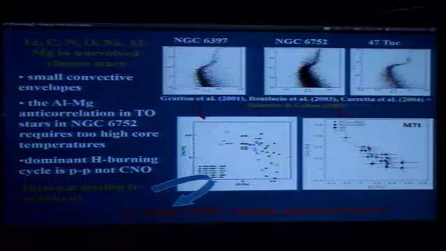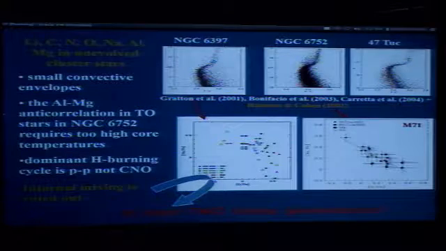Since there was some suspicion that some mixing effect may affect this result, the idea was to look for this sodium-oxygen anticorrelation on the main sequence, where mixing cannot be effective. As soon as UVES, the spectrograph of the VLT 8 meter telescope, was available, we tried to do this job, and we made a large program.